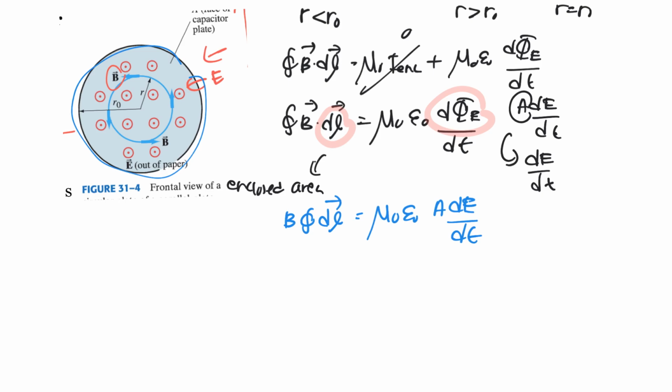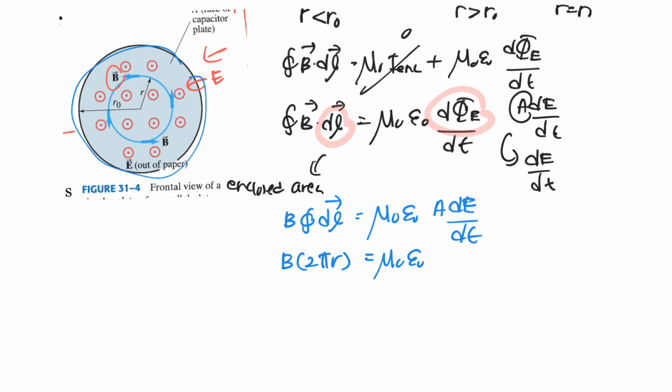So you are going to get 2 pi r. The dl here is the enclosed path that you need to find. Mu naught epsilon naught, and the area here basically represents the area that has a change of electric field.